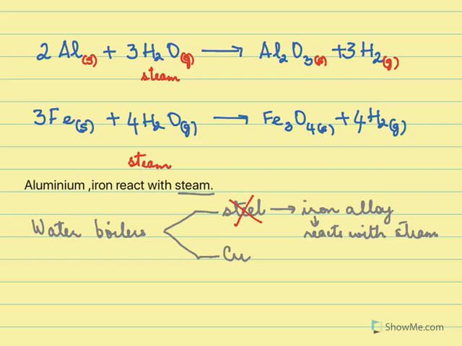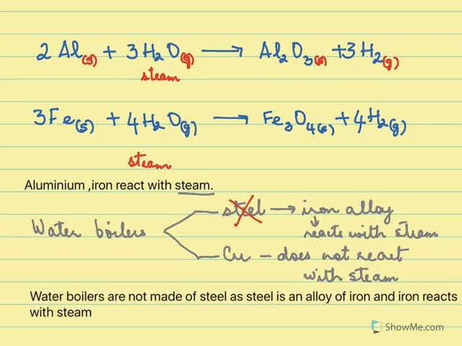It's an alloy of iron plus carbon mixed, and we know iron reacts with steam. But when it comes to copper, copper does not react with steam. So water boilers are always made of copper and not of steel. So here's an application question. Water boilers are not made of steel, as steel is an alloy of iron and iron reacts with steam.